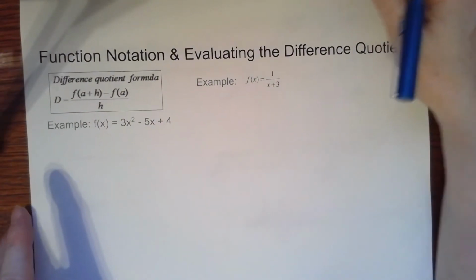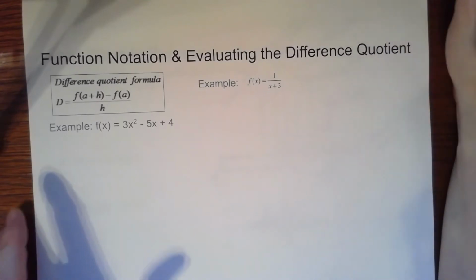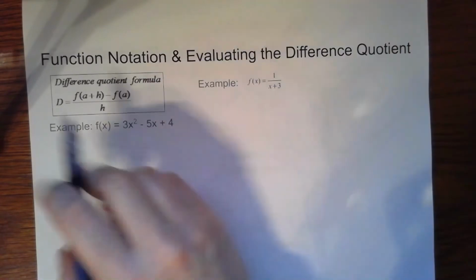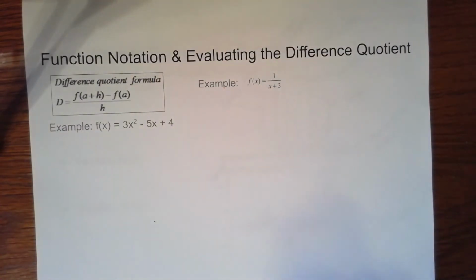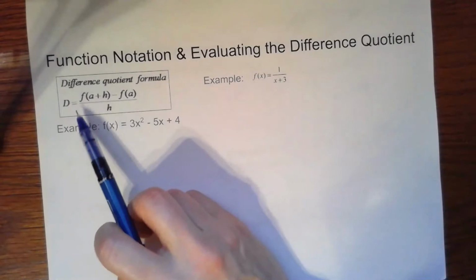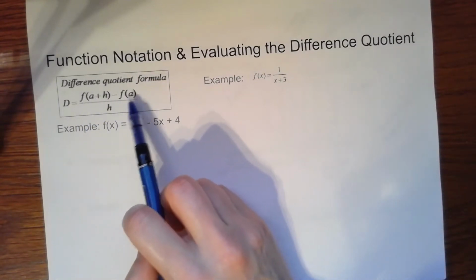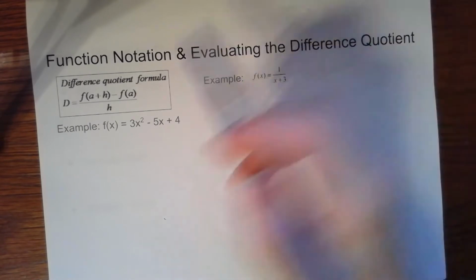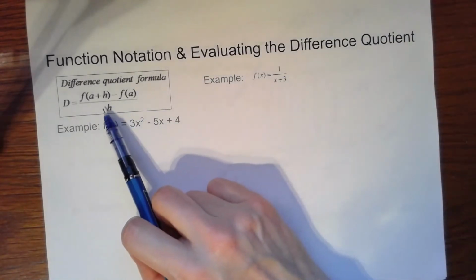Most of the time, and especially in calculus, we're mostly going to be looking at the algebraic examples and formulas using function notation. Now, one thing I wanted to point out here is that there's a special thing called the difference quotient, and you probably remember doing a bunch of problems like this in pre-algebra where you had to find f of a plus h minus f of a, over h. The reason you had to do that so often is because this shows up lots and lots in calculus.